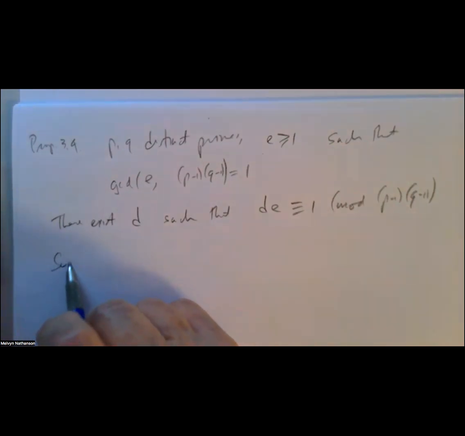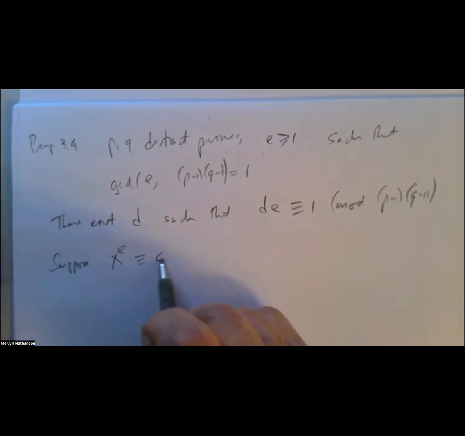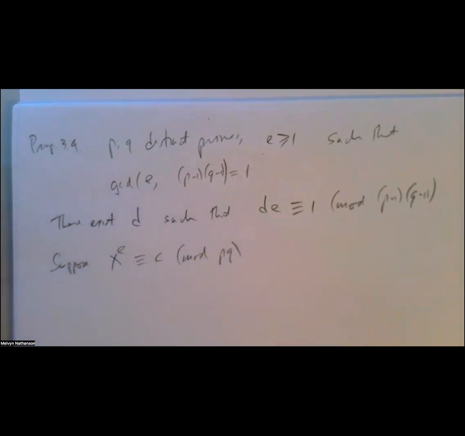Suppose the integer x solves the congruence x to the e congruent to c mod pq. This would be an encryption method. You would tell the world what is pq, the product. You don't say what is p and what is q. You just give the product. You give the power e, and given a number x, you encrypt it by taking x to the e and reducing it mod pq.